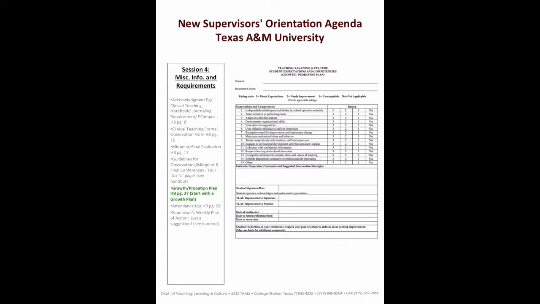Record your documentation for the growth plan on this online form. Be specific with the problem, intervention strategies, etc. When a growth plan does not successfully solve the issue or issues, confer with the Office of Field Experiences to receive guidance before proceeding with a probation plan. Just so you know, situations requiring a probation plan are very rare.